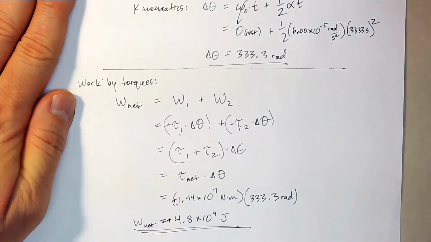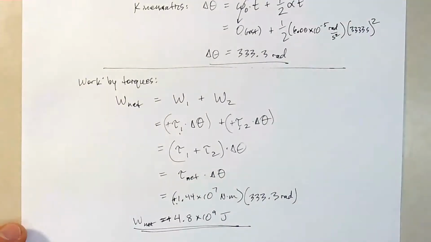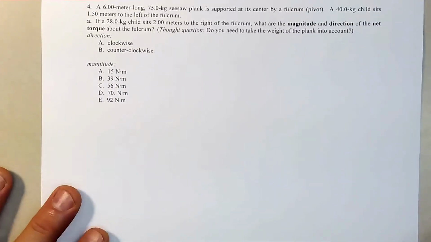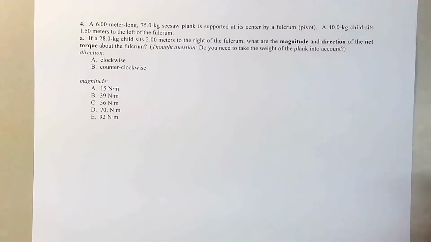All right. Well, all that leaves for me to model for you right now is question number 4. So question number 4 is sort of a pair of seesaw problems.